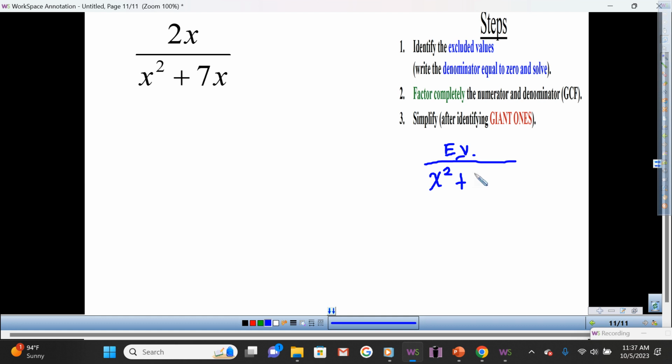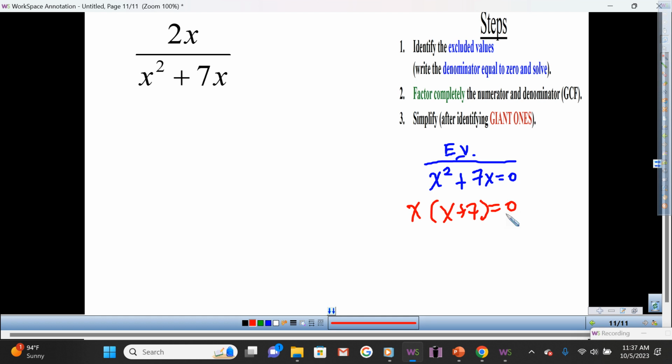X squared plus 7x equals 0. Yes. What do I do from there, Anthony D? Factor. So what is our GCF? And we're left with x plus 7 equal to 0.